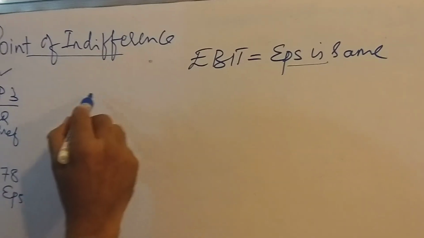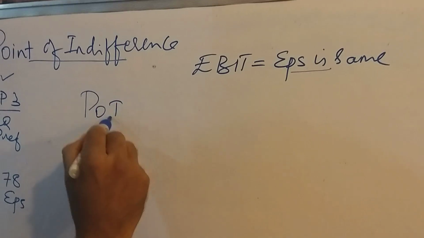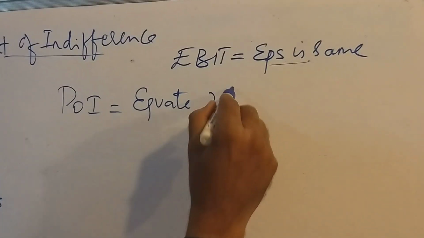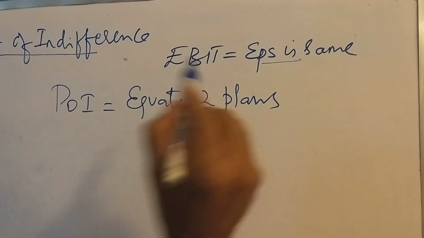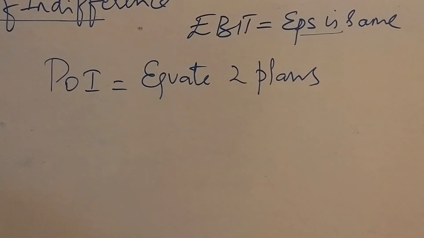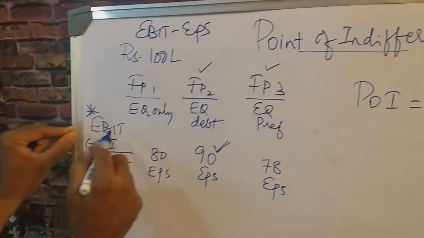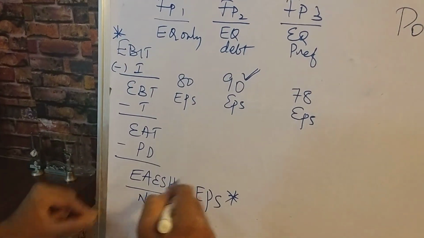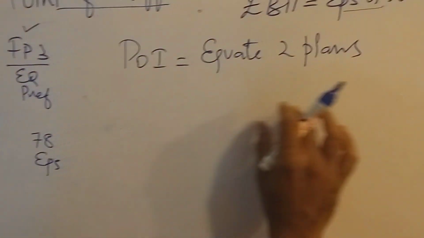It is very simple. I told you, in point of indifference, I am going to equate two plans. I'll start with this entire thing from EBIT up to EPS. I'm going to write it like an equation.